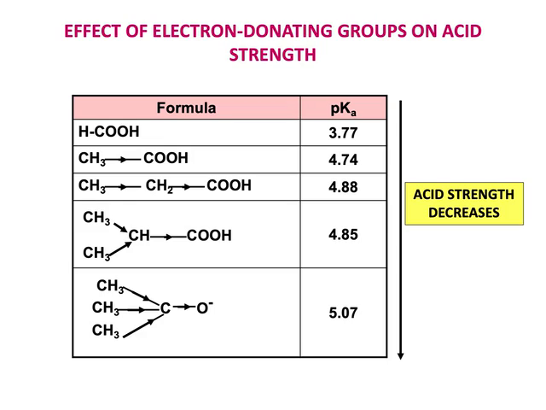So here is the effect of electron donating strength on acidity. The more electron donating groups attached to this carboxylic acid, the weaker the acidity.